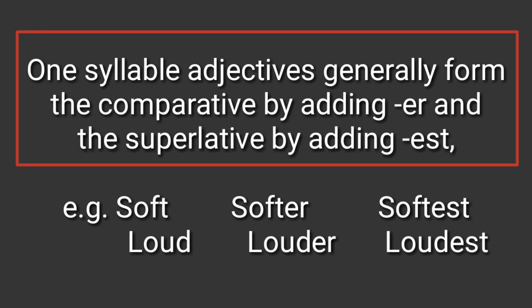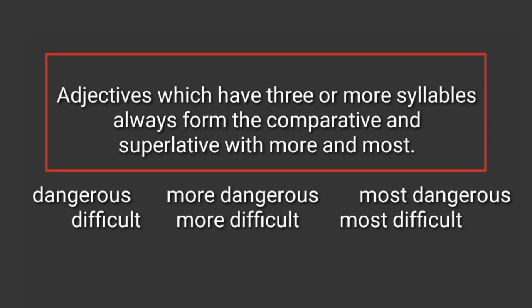I think you understood. Next, adjectives which have three or more syllables always form the comparative and superlative with more and most. Okay, the adjectives which have three or more syllables. While we pronounce the word, we'll understand how many syllables are there for these words.